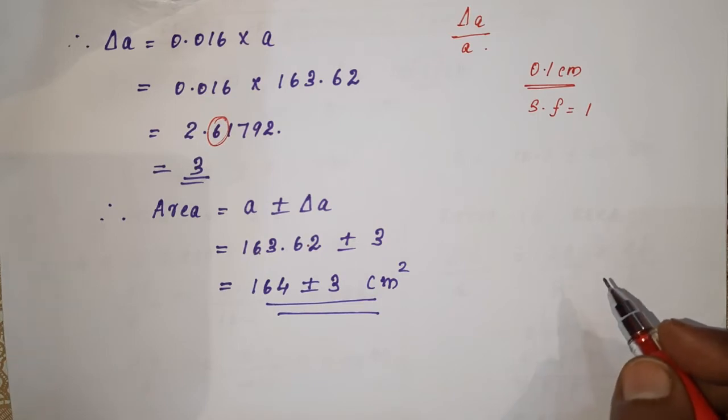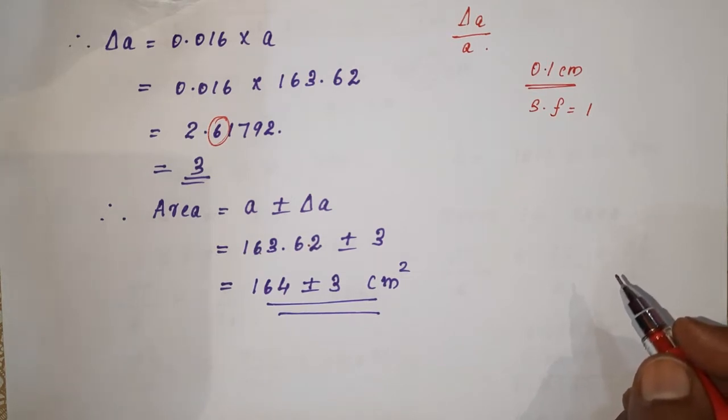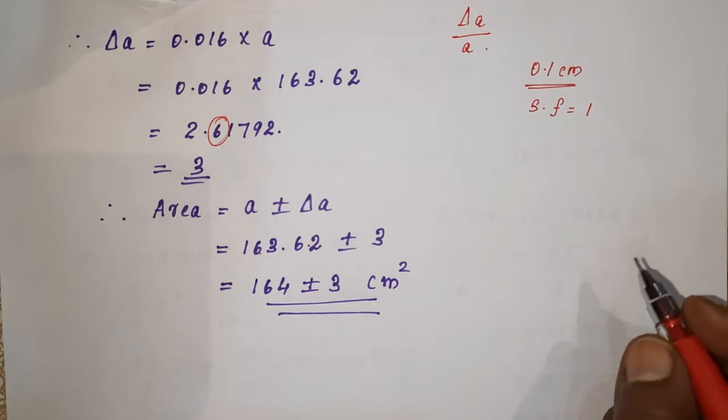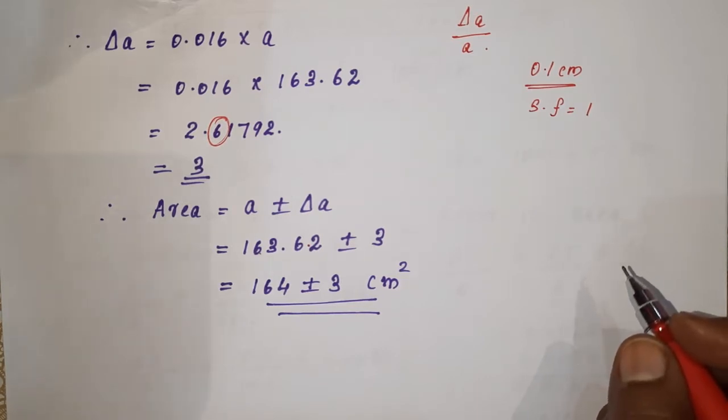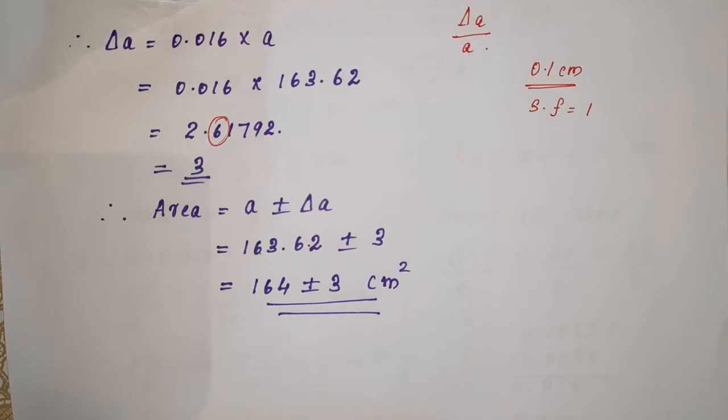So that is the answer. This is how we can apply that rule. We have to apply the rules in calculating errors, not only in measurement, but in calculated values.